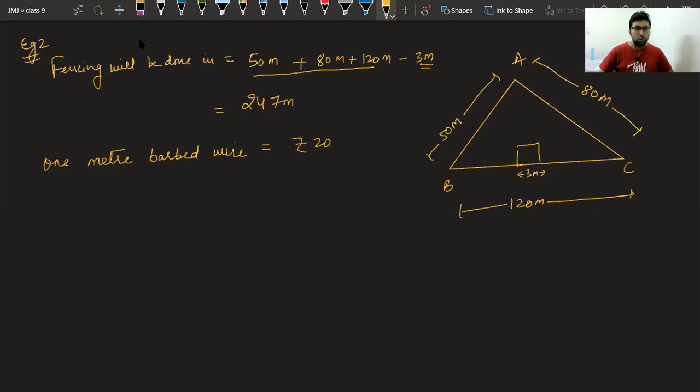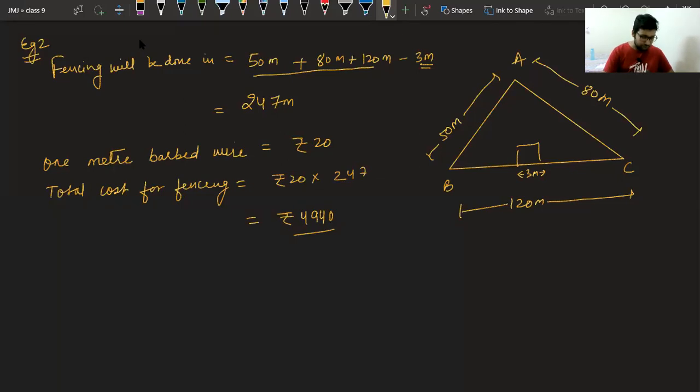That means the total cost for fencing will be given by rupees 20 into how much? 247. And the answer will be 4940. So we have completed the fencing part.